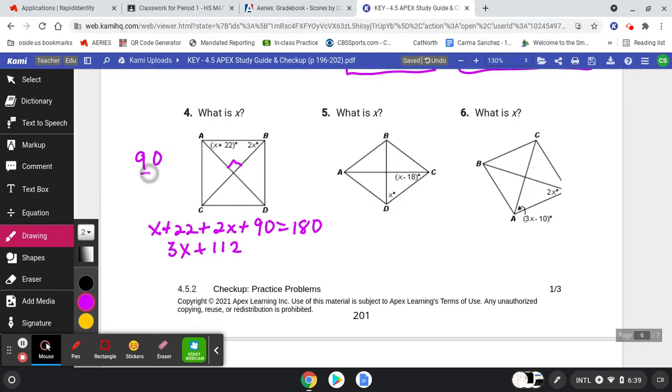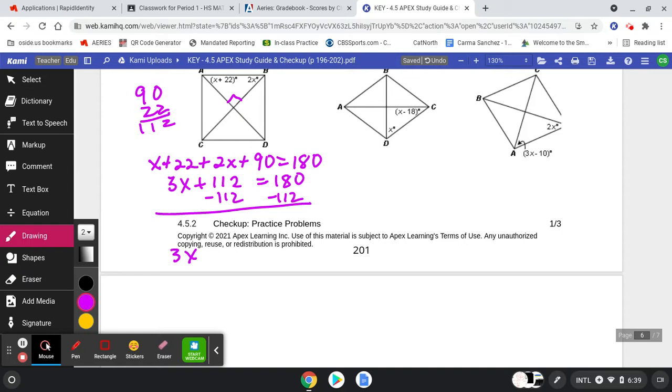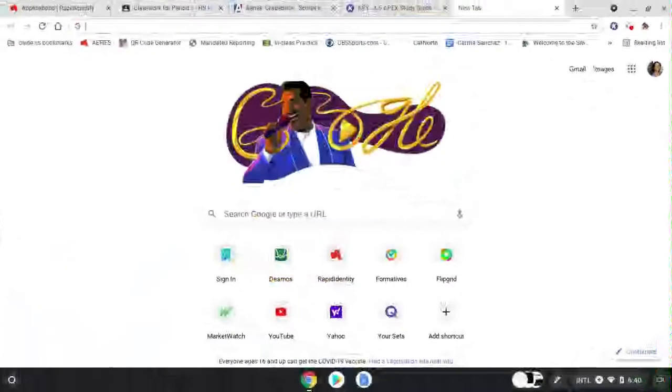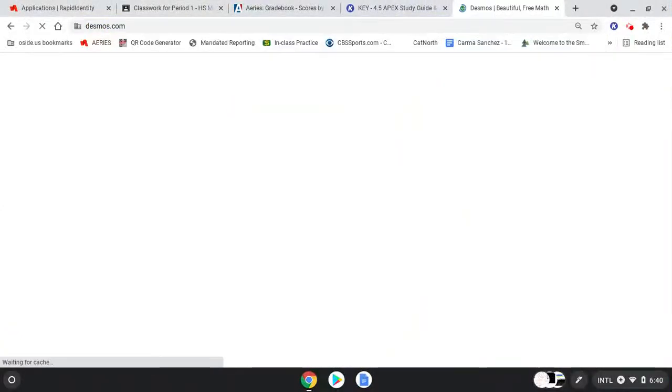Then we subtract 112 from both sides. Let's grab a Desmos calculator to do some of these calculations.